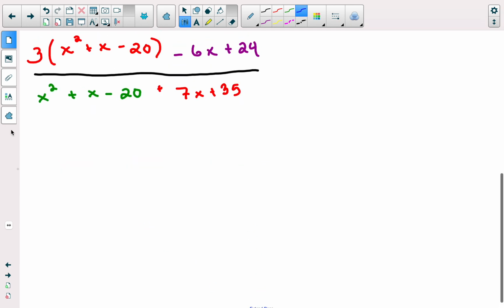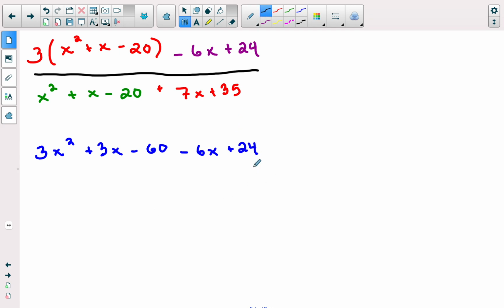So I'm going to do that now. And that's going to leave us with 3x squared plus 3x minus 60 minus 6x plus 24. And then in the denominator, I can just go through and combine my like terms. So I have an x squared, now I have an 8x, and now I have a positive 15.